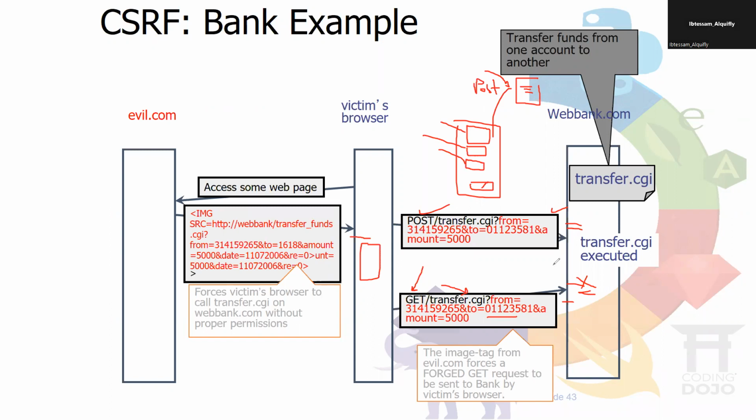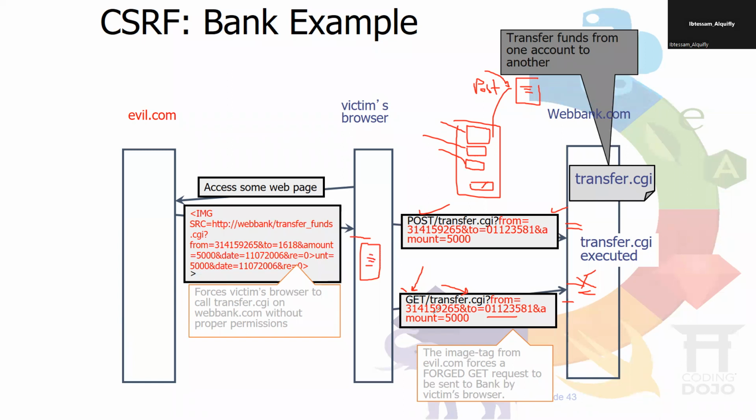How did we end up with GET here? Because when the image is rendered, or maybe executed, in your browser, it will initiate a GET to whatever the source of the image is. Whatever the source of the image is, it is basically the transfer page over here, and that's why this command is executed in the background.